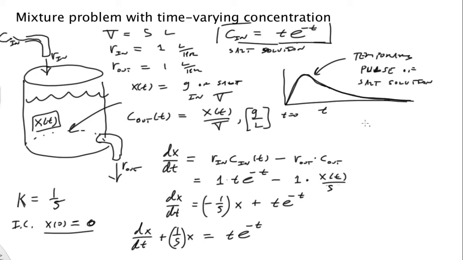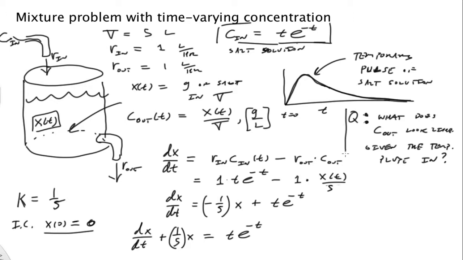And the question we're going to answer in just qualitative terms is, what does C out look like, given the temporary pulse in?